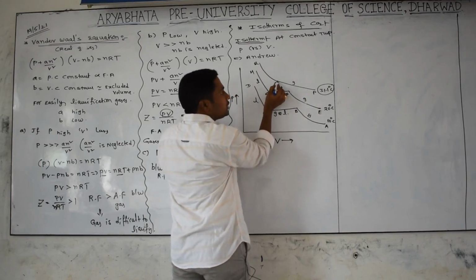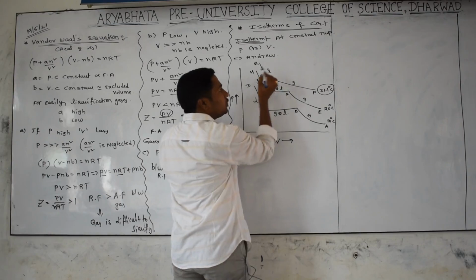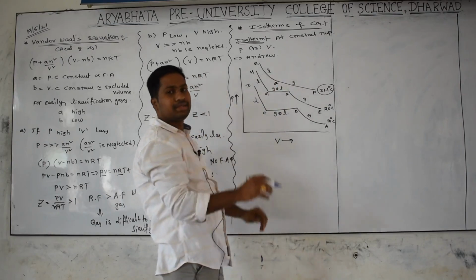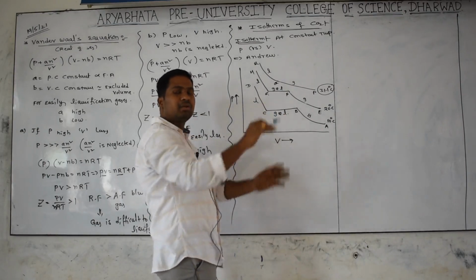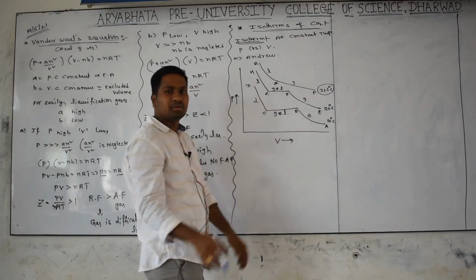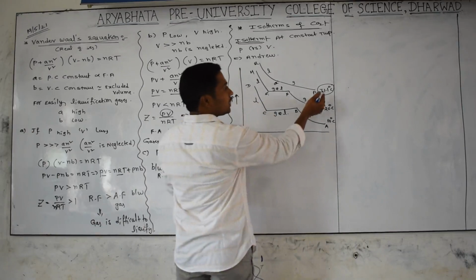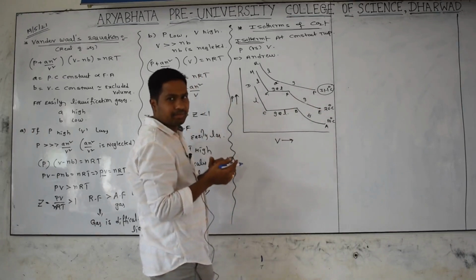But after reaching a certain pressure, the whole matter totally converts into the liquid phase, spontaneously. So within a fraction of a second, the whole gas converts into liquid. Such a particular temperature is called the critical temperature.